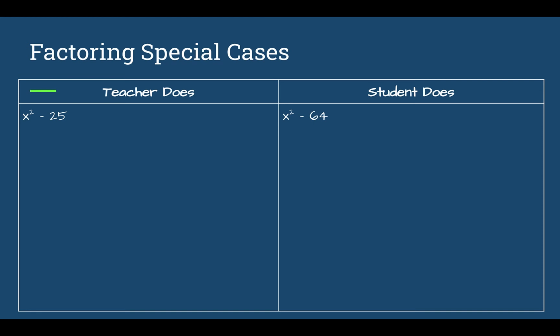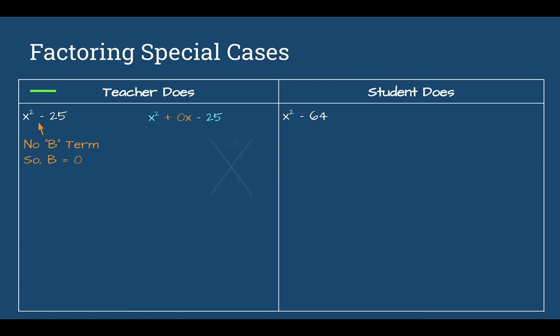This next example is the difference of two squares. If you notice on this one, there is no b term. So essentially b is equal to 0. If you wanted to rewrite this so it was a trinomial, it would be x squared plus 0x minus 25.